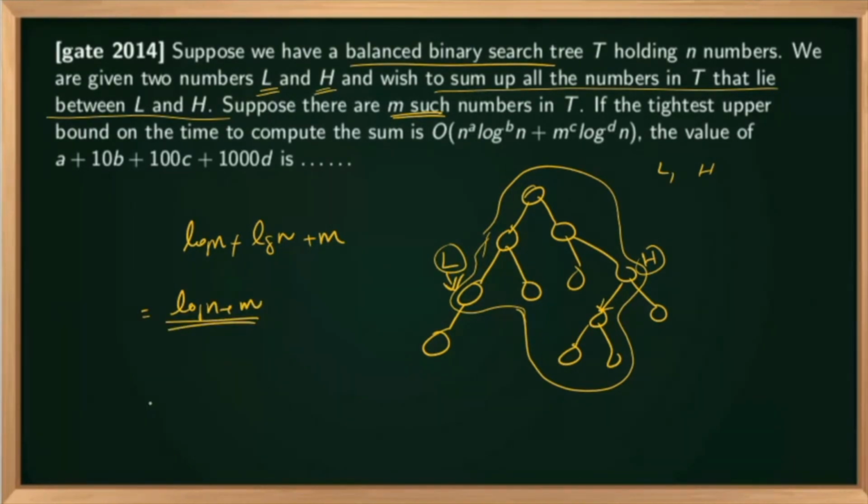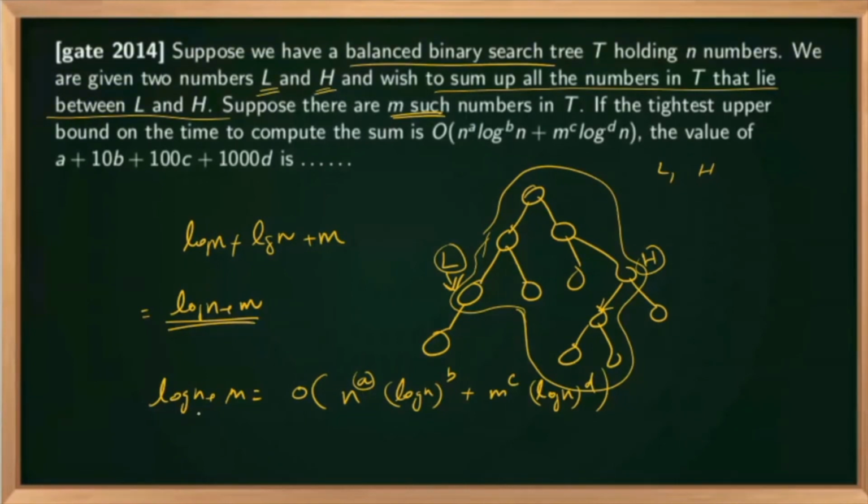So we know that log n plus m should be equal to big O of n raised to a, log n all raised to b, plus m raised to c, log n all raised to d. Okay, this is what it is given. So we know that a should be equal to 0 because we don't have an n term here. N raised to 0 will be 1. So a is 0. B should be 1, right? Because we need log n.